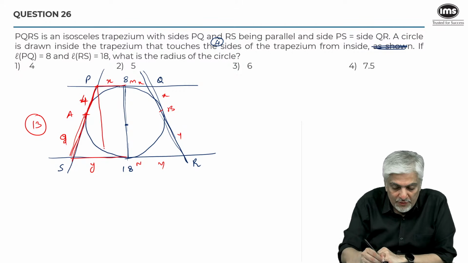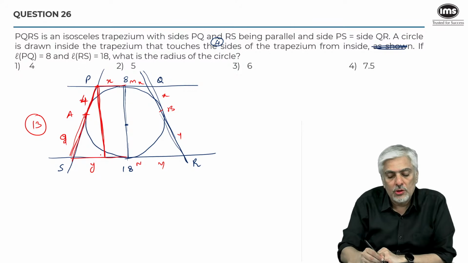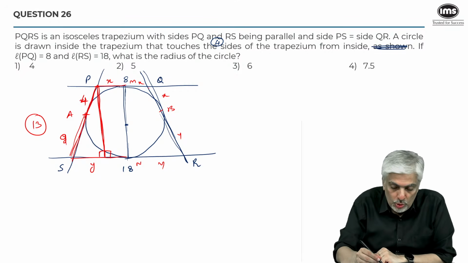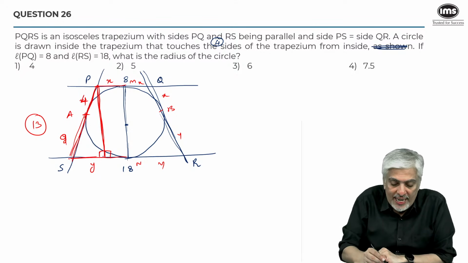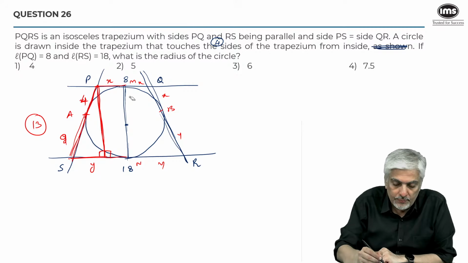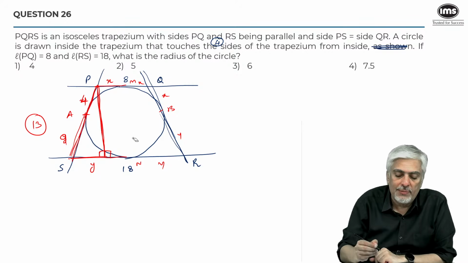If from P I drop a perpendicular, now see, if you notice, this full was 18. Let me just clear out a couple of things on the diagram, too many things in the diagram. This is not needed now, we'll come back to it later.